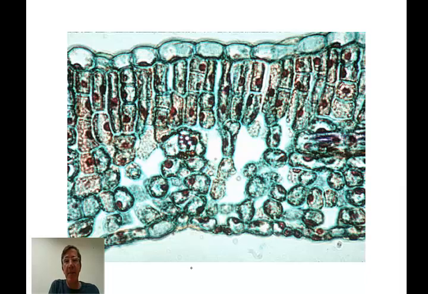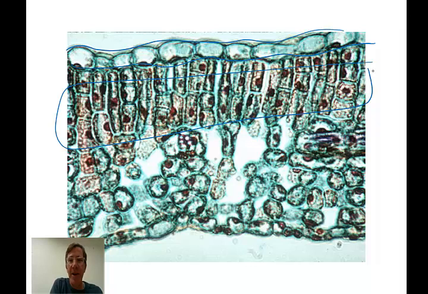Now we can look at some microscope pictures of this as well. You can see here's the epidermal layer up here on the top and the bottom of the leaf. We're looking at a cross section of a leaf. Here's a bunch of mesophyll cells in the central area here, and you can see these air spaces in and around these cells.